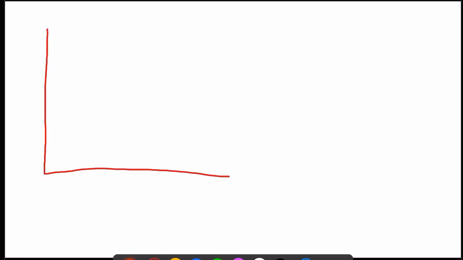Couple other graphs just for the fun of it. Somewhere right in the middle of this is a point where in fact the slope is 0.